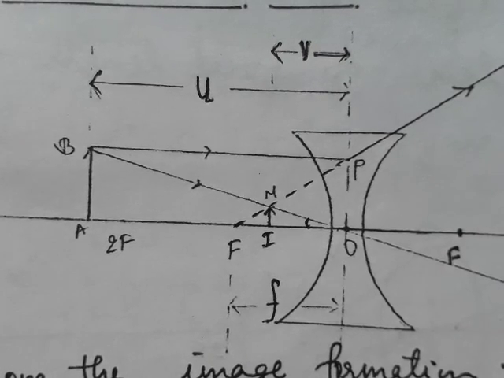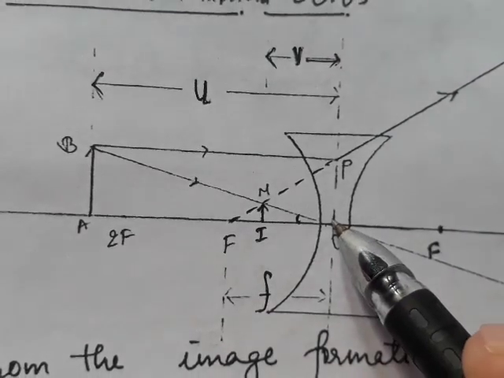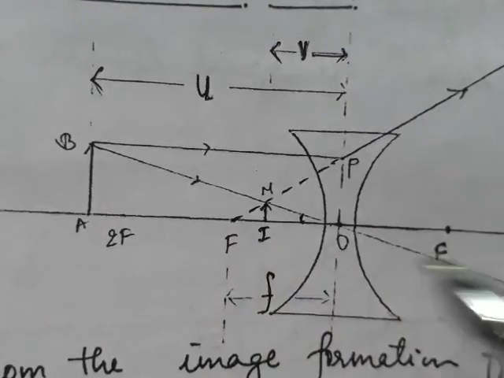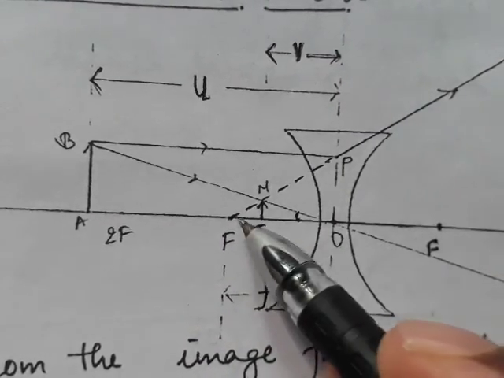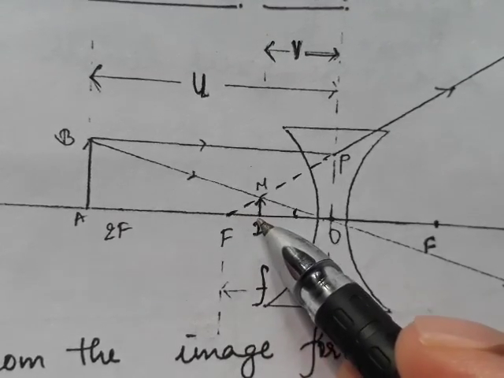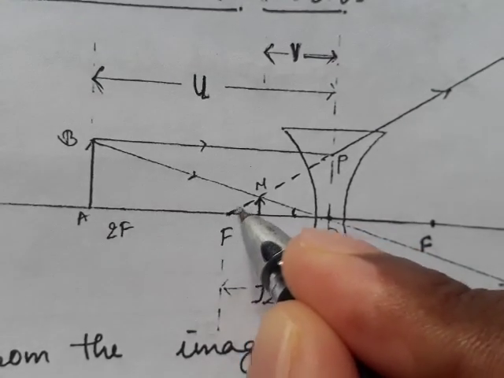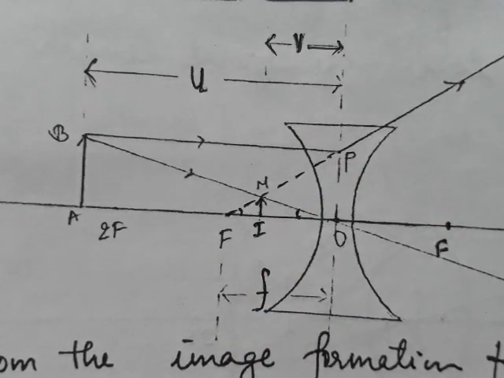Similarly, there is another triangle, the outer triangle OPF, and triangle IMF. This is also sharing the same angle, this angle. So this big triangle and this small triangle are similar.